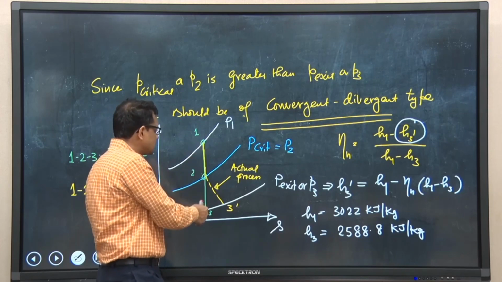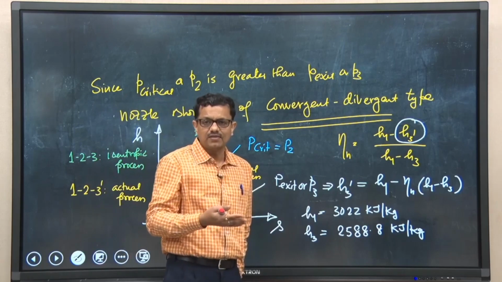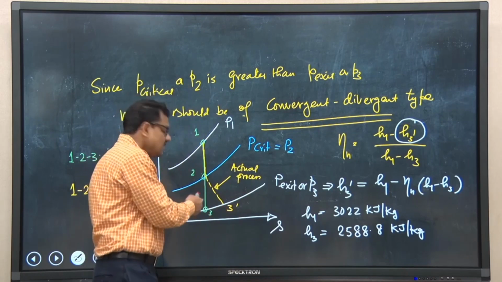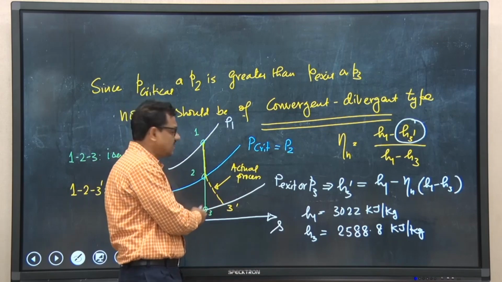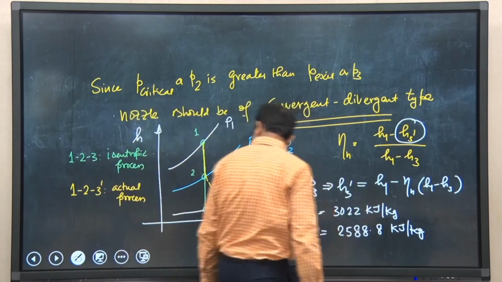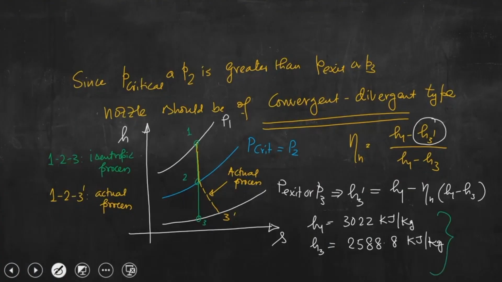So, entropy at point 3 is equal to entropy at point 1. From inlet condition we can calculate entropy again from steam table, pressure and temperature, these two properties are given, and by calculating that entropy, so S3 equal to S1. So, knowing entropy at point 3 and pressure at point 3, that is P3, we can calculate S3 and that is what we have calculated. So, these two are, let me write here, from steam table. And process 1, 2, 3 is isentropic process.